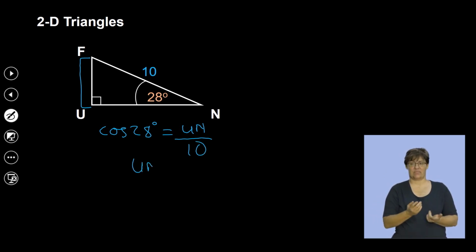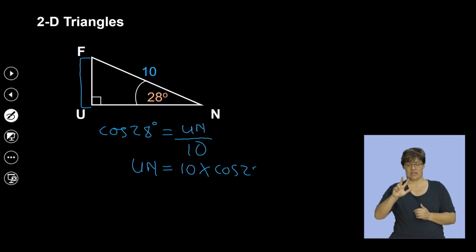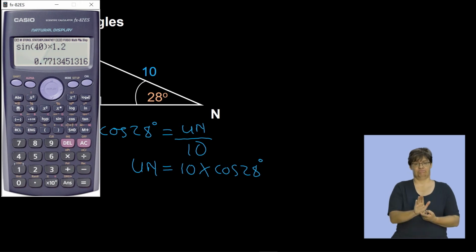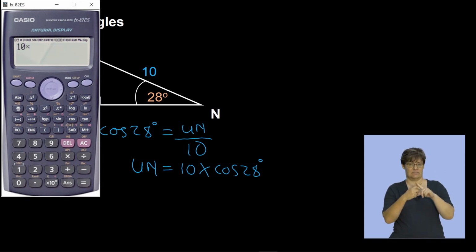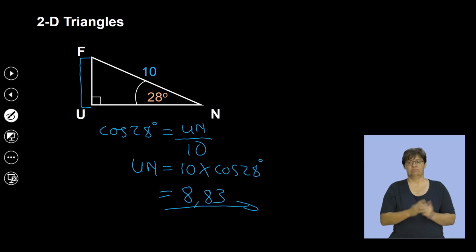And then UN will therefore be equal to 10 multiplied by cos of 28 degrees. You press this on your calculator, and this will be equal to 8,82 or 83 if you round it off. So this will be 8,83, and that will be the length of UN.